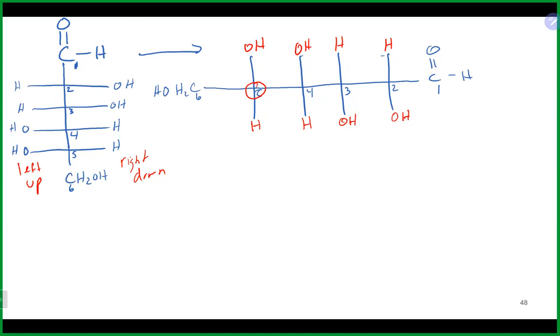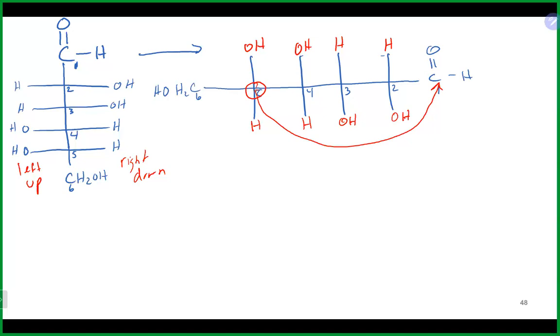In the case of the hexose, it's that last chiral carbon, which is number 5. It's going to attack the carbon-oxygen double bond. So wherever that carbon-oxygen double bond is located, this guy is going to come and attack this carbon right here.